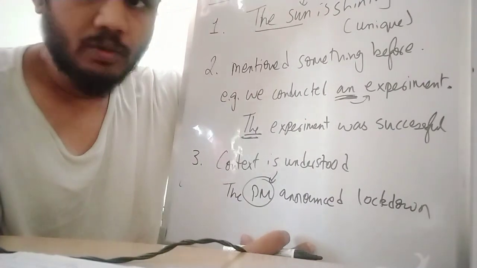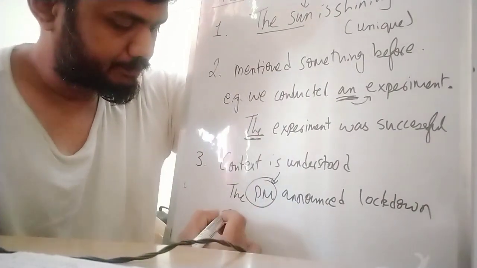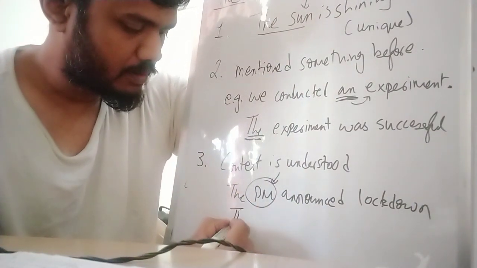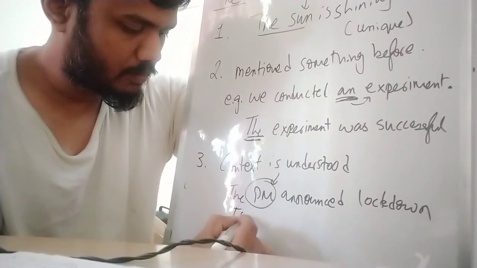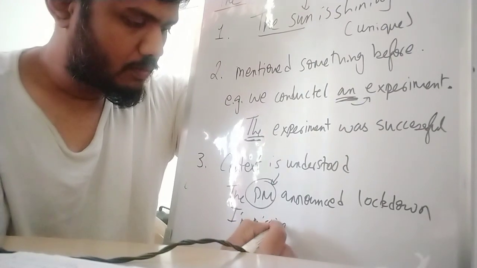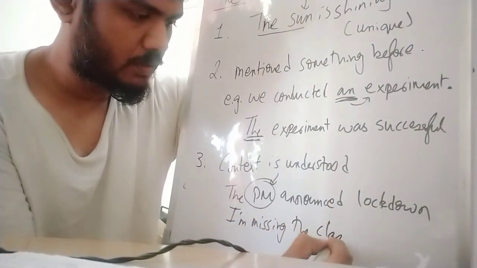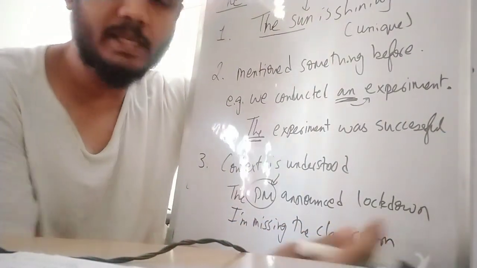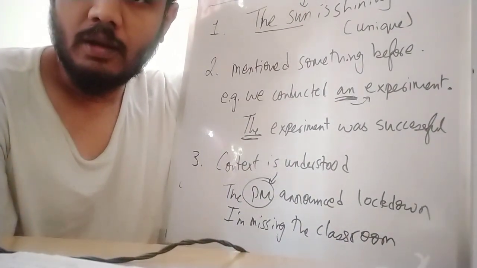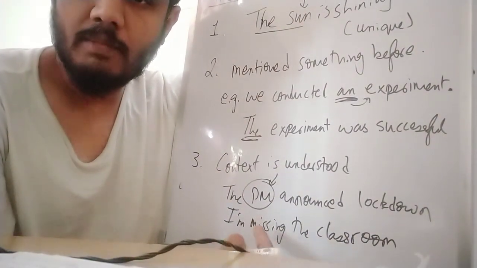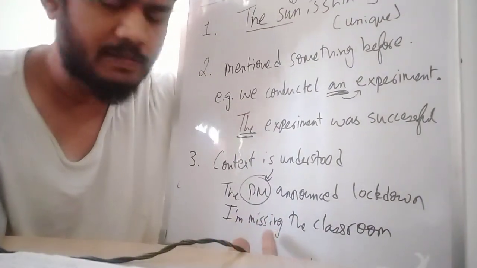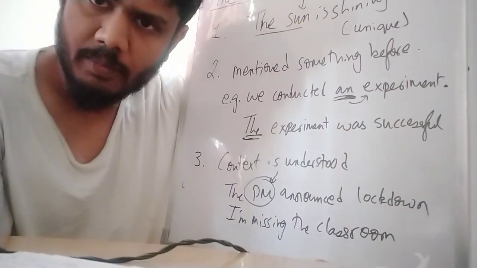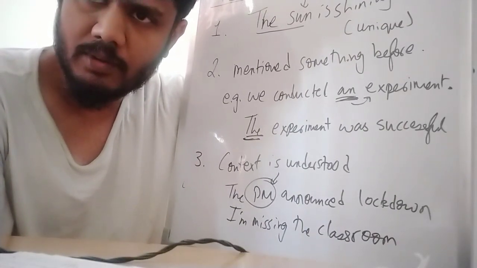Let me try and give you another example. If I say I'm missing the classroom, right? Now there are many classrooms in the world. There are many universities. So if someone does not know this context, the person will say, which classroom are you talking about?